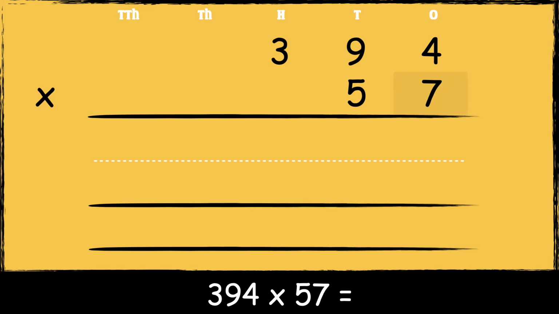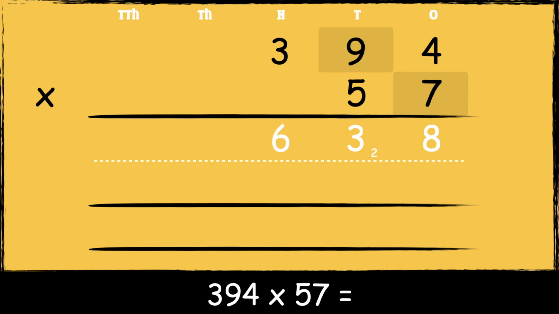First, we're going to multiply 7 by 4. 7 times 4 is 28. We can carry the 2 below in the tens column, as it represents 2 tens. Next, we multiply 7 by 9 tens. 7 times 9 is 63.